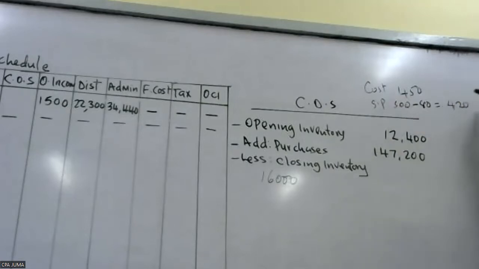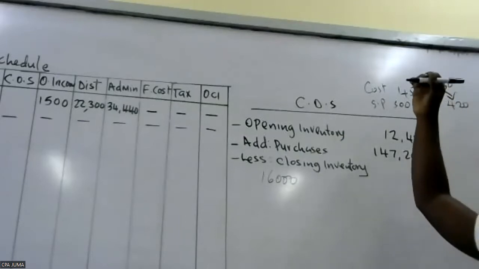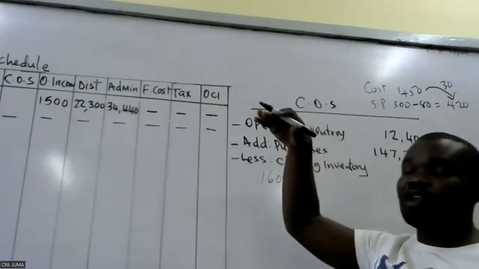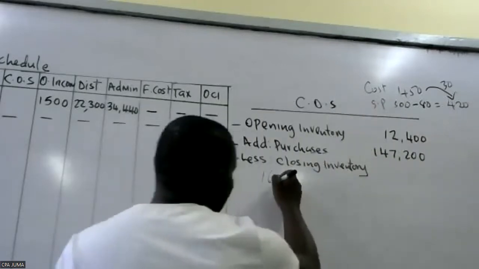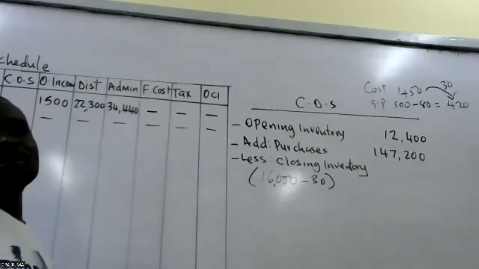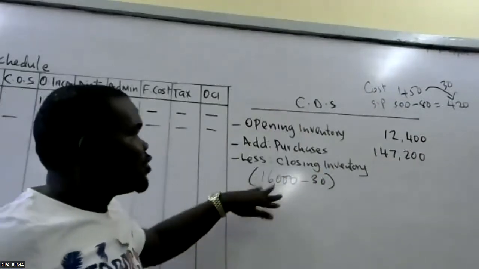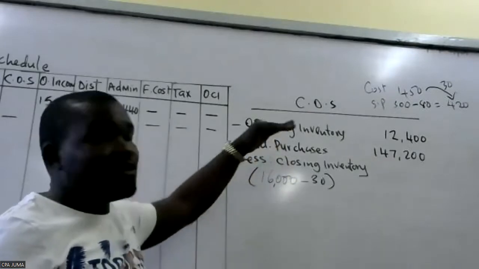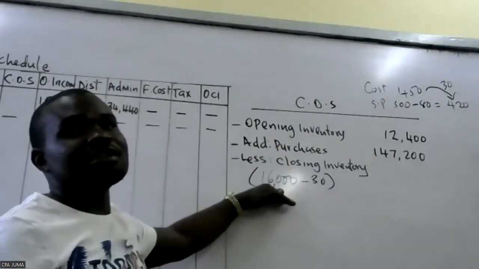So the net selling price 420 and the cost is 450. So there is an expected loss of how much? 30. So to avoid overstating the value of the stock, it should be 16 minus the expected loss of how much? 30. Because the 450 is already inside the 16.